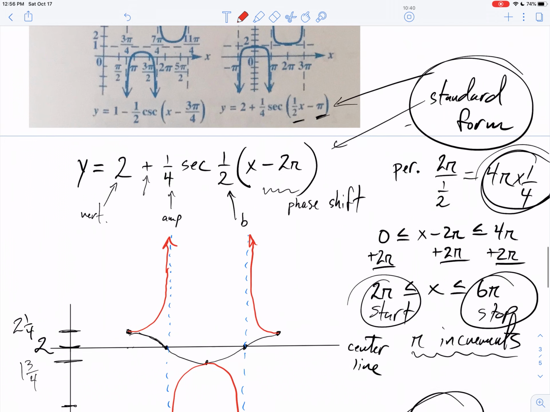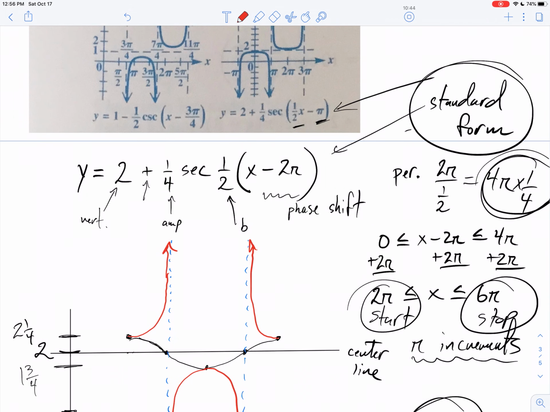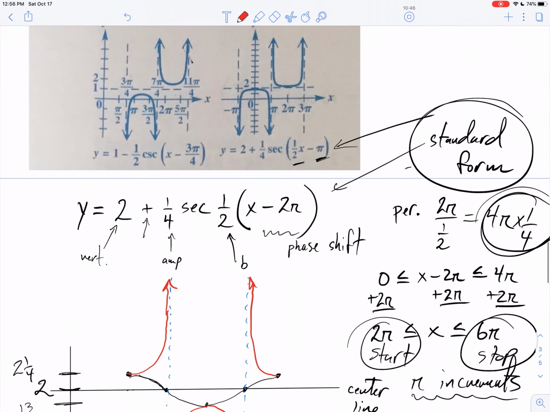But what did they do in the answer key here? Look, this is where my graph starts, and you'll see my graph goes up from there. That's where my graph starts. They didn't even do it over here. They did not do what I did.